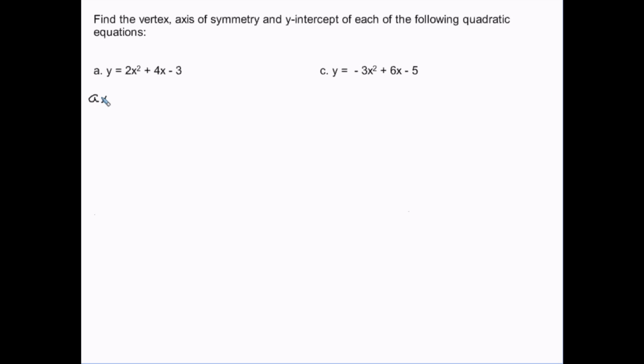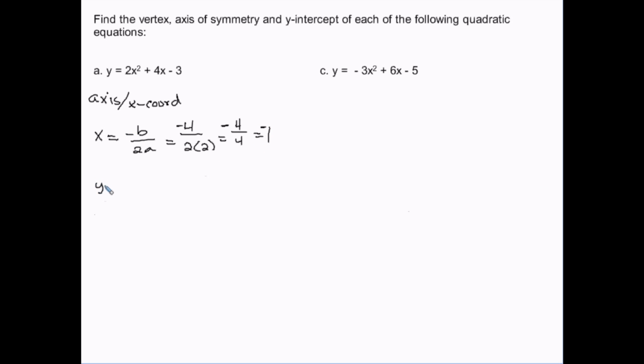To find the axis of symmetry and the x-coordinate of the vertex, I'm going to plug in negative b over 2a. Well, b is 4 and a is 2, so I'm going to get negative 4 over 4, which is negative 1.